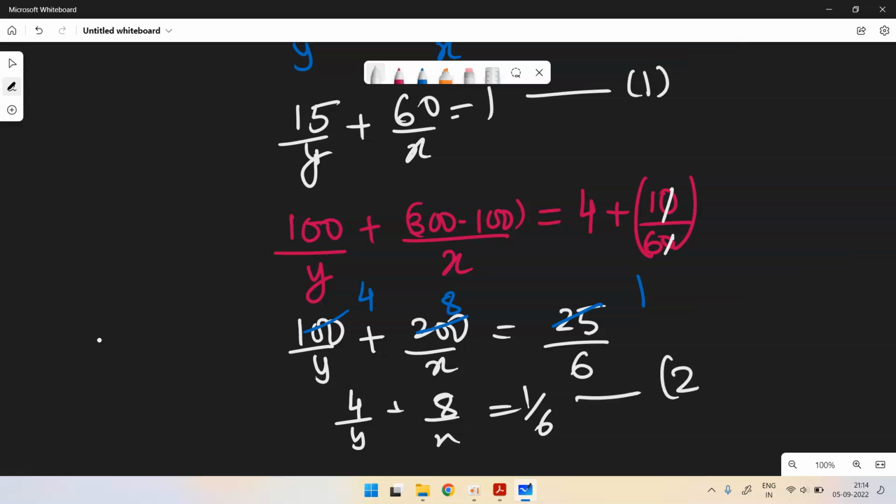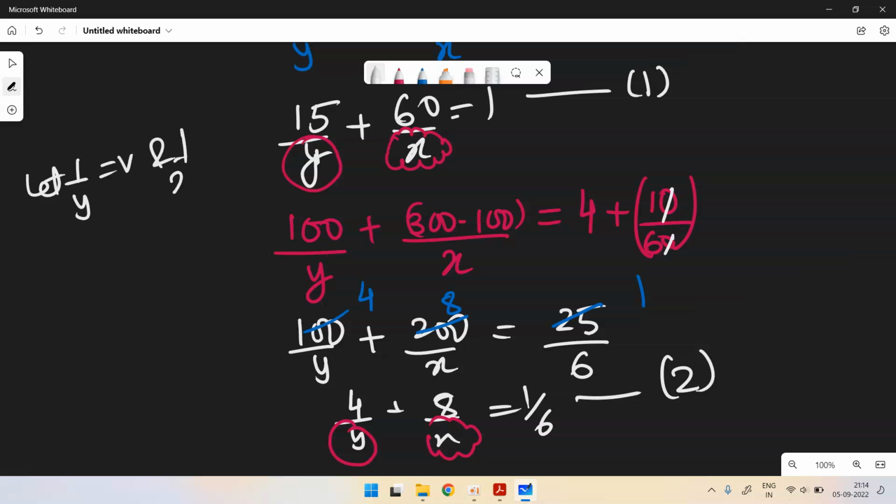Now you see that 1 by y is common here, and 1 by x is here, and this is also 1 by x. By the time I'm circling this, you must have got the idea of what you need to do. So let 1 by y equal v and 1 by x equal u.